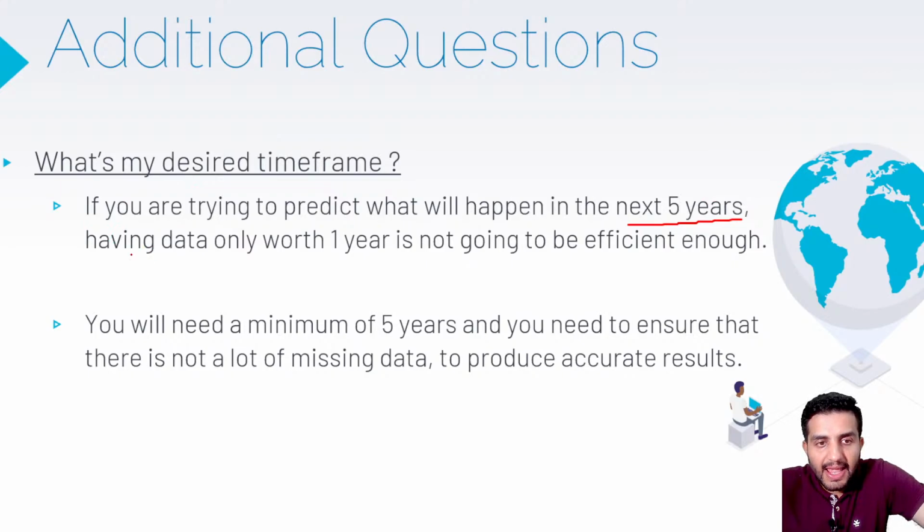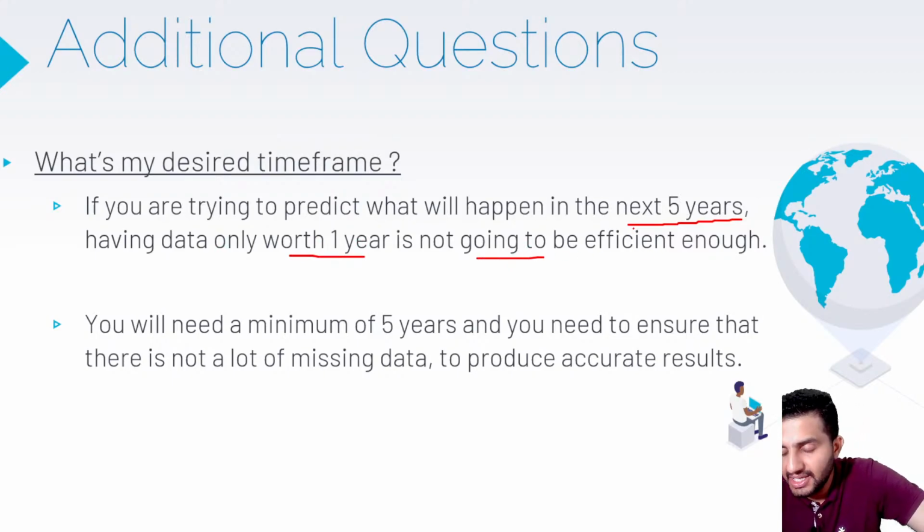So having data only worth of last 1 year is obviously not going to be efficient enough, because I say that I need to predict for the next 5 years, but for that I only have information for 1 year. So obviously 1 year of trend might not be the efficient solution to predict for the next 5 years.